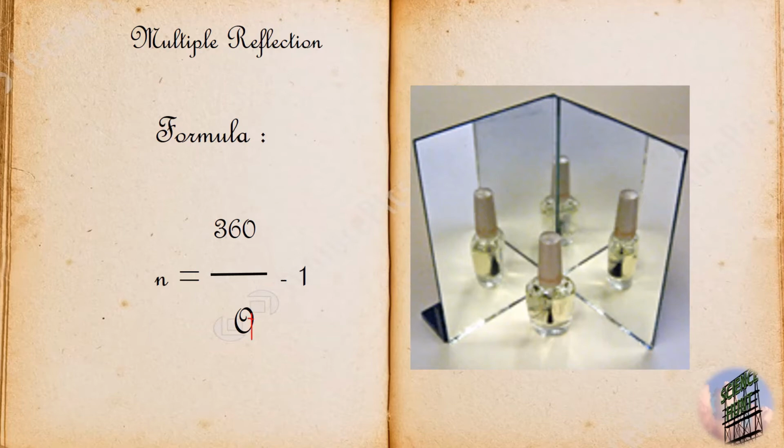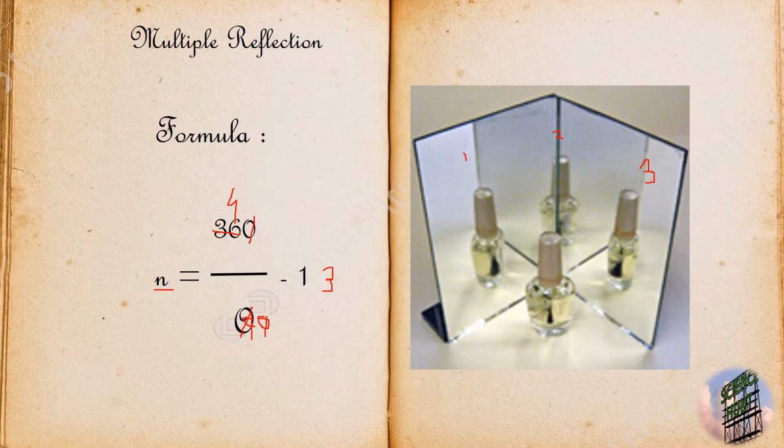Consider the mirrors placed at 90 degrees. So θ will be 90 degrees. 360 over 90 is 4, and 4 minus 1 is 3. So N is 3, and 3 images will be formed. Here you can see the first image, the second image, and the third image. There are 3 images in the mirror.